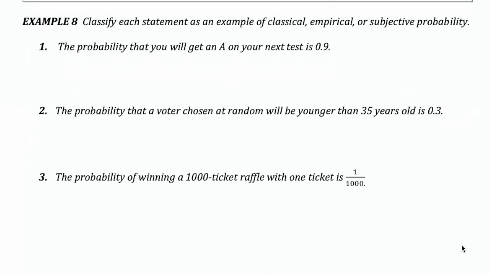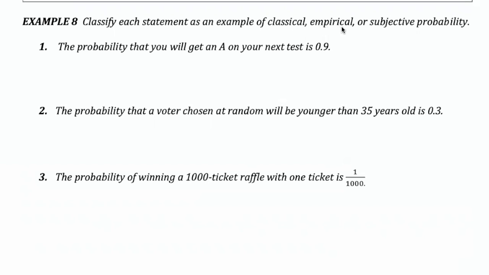In example 8 in your textbook, we are asked to classify each statement as an example of either classical, empirical, or subjective probability. The first one that we are presented with is the probability that you're going to get an A on your next test. If you're going to say that it's classical probability, getting an A would have to be equally likely to getting a B, getting a C, getting a D, getting an F, which is not true.